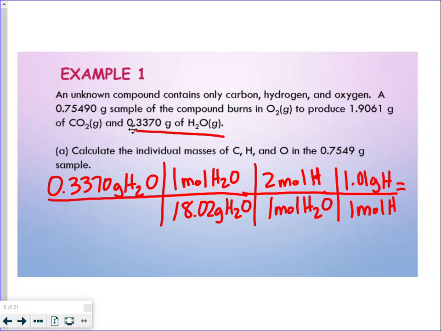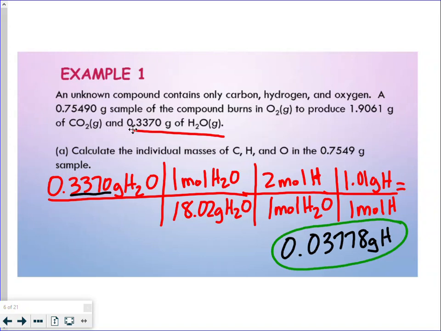So what is that number? What'd you get? 0.0377. We have 4 digits here, so let's keep 4. And the 8 grams of hydrogen. Very good.